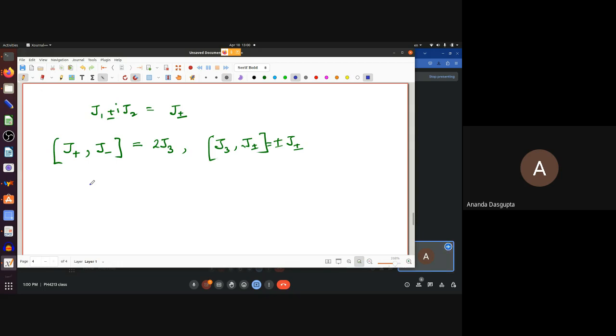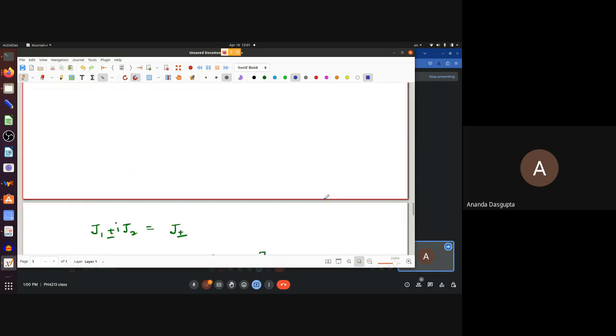Actually, that's really wrong. iJ1, iJ2, iJ3 are the basis vectors for SU2, or small SO3, both the same thing. When I say iJ1, iJ2, iJ3, note that this is a change from the identity.